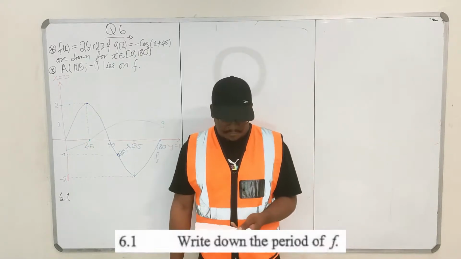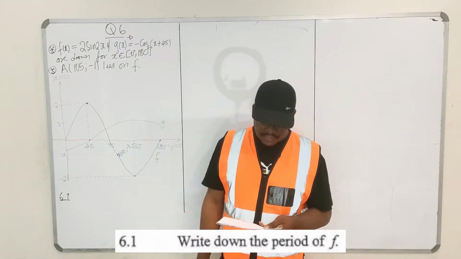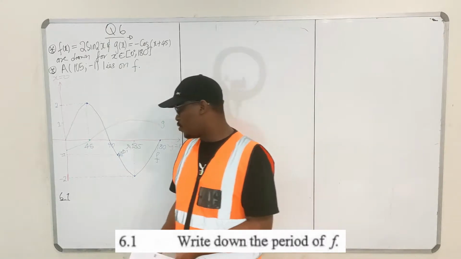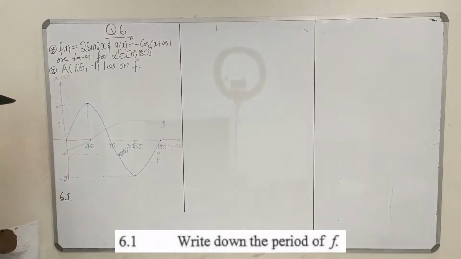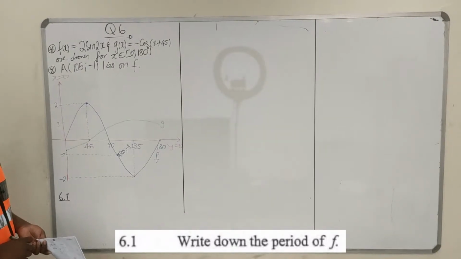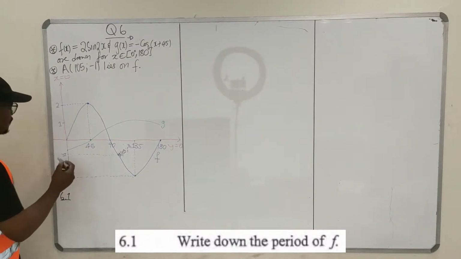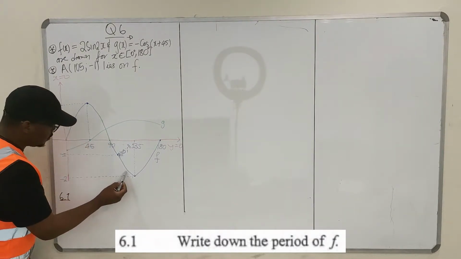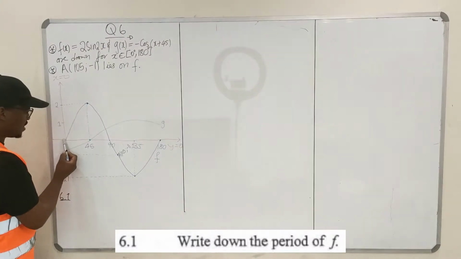No problem. So let's go. 6.1: Write down the period of f. What is the period of f? The period is the time your function takes for one full oscillation. If you look from here, go up, go down, you return to exactly where you started.